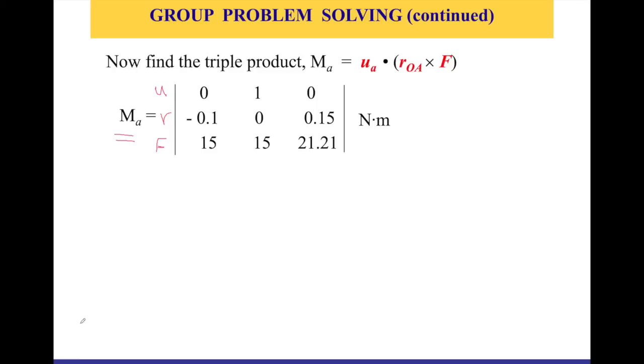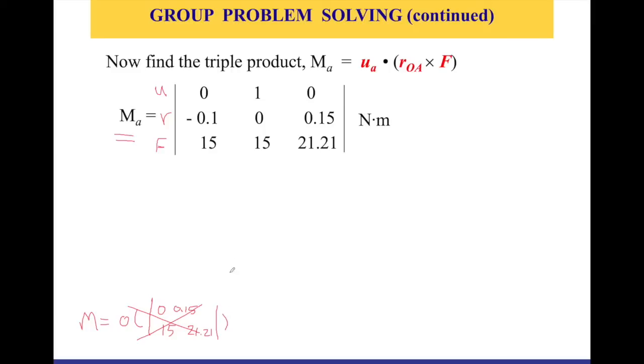If I want to do the determinant, you take the first value, which is 0, and then you hide the row and the column where the 0 is residing, and you end up with this 2 by 2 matrix. This is the determinant of the 2 by 2 matrix, which has 0.15, and you have 15, and then 21.21. Now, whatever you multiply with a 0 is going to be 0, so that is gone.